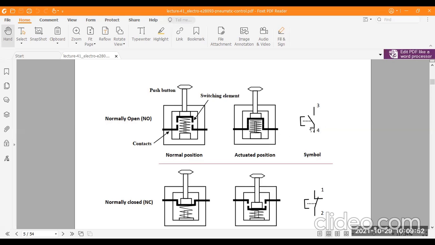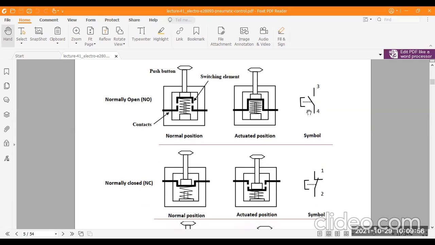Okay, everyone please remember these symbols, because when you work in a plant or industry, these types of symbols are given on the body of the different valves, machines or instruments. So this is the symbol of the normally open type push button switch.